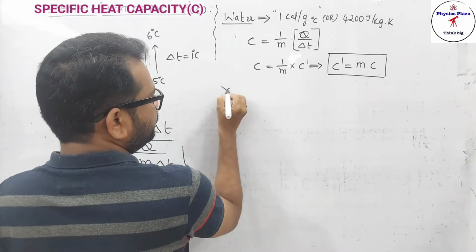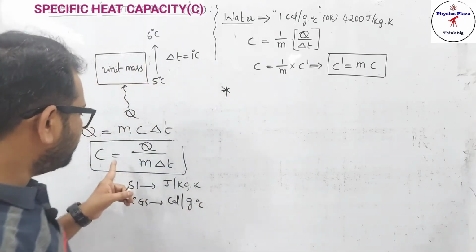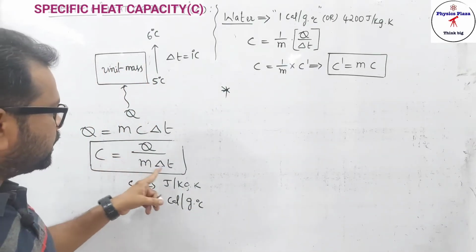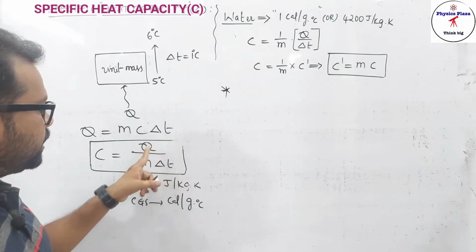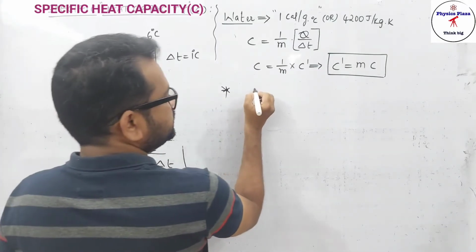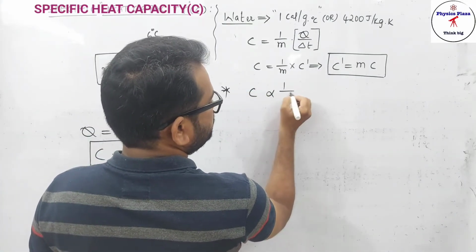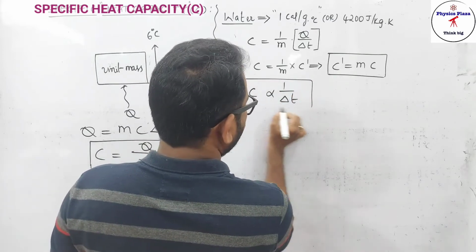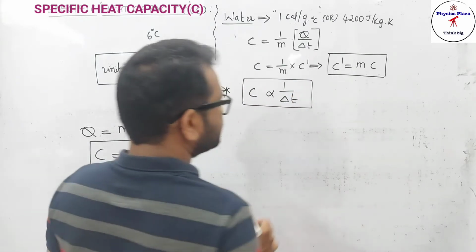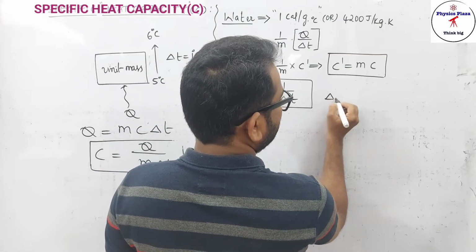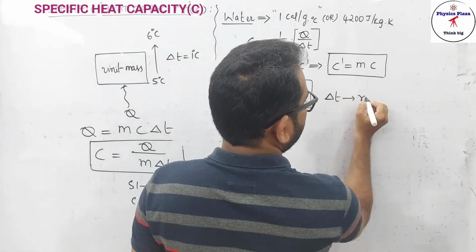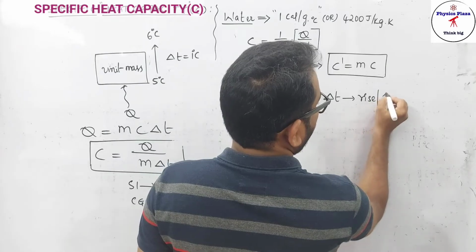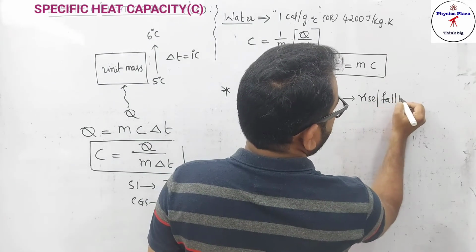And here, children, very important. From this, as C is equal to Q by m delta T, for a given amount of heat and a given mass, C is inversely proportional to delta T. Very important. Delta T is either the rise in temperature or the fall in temperature.